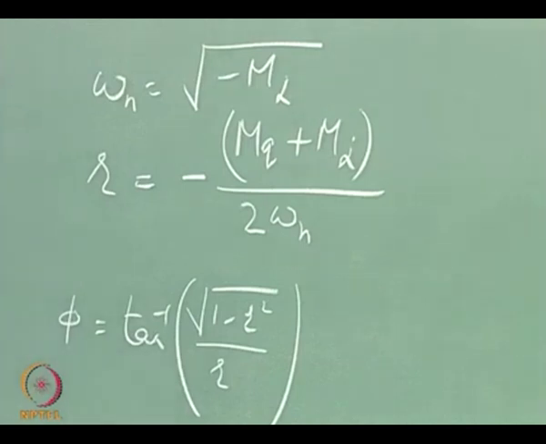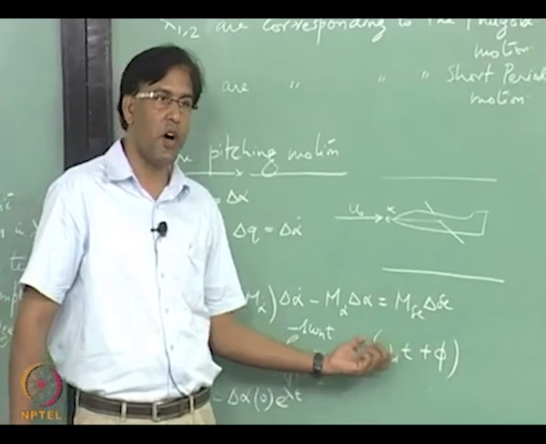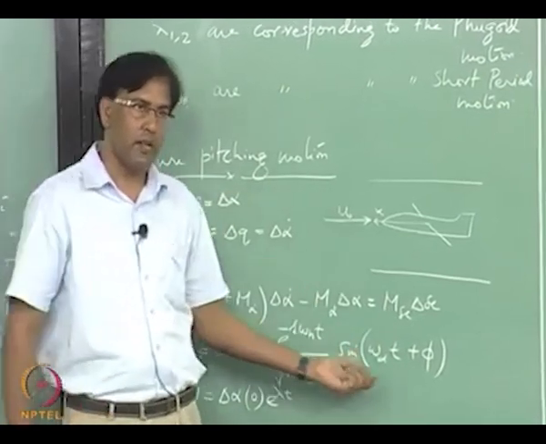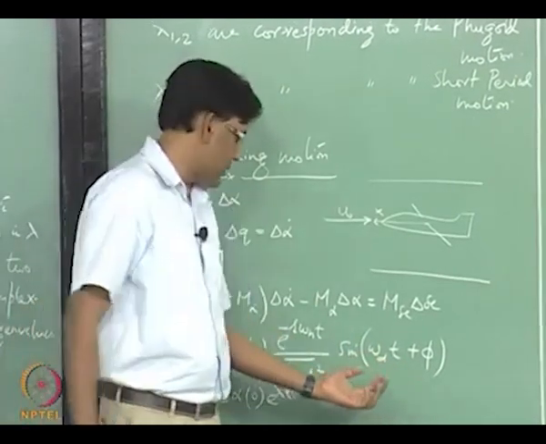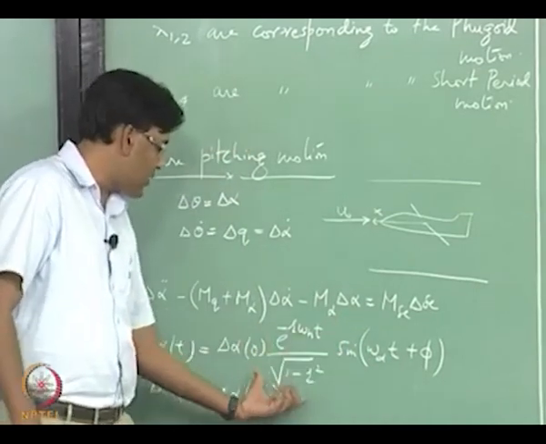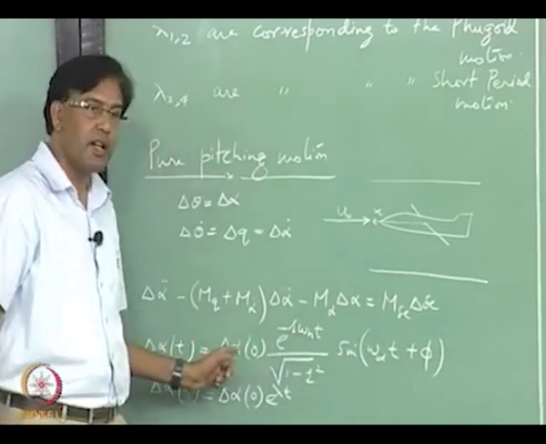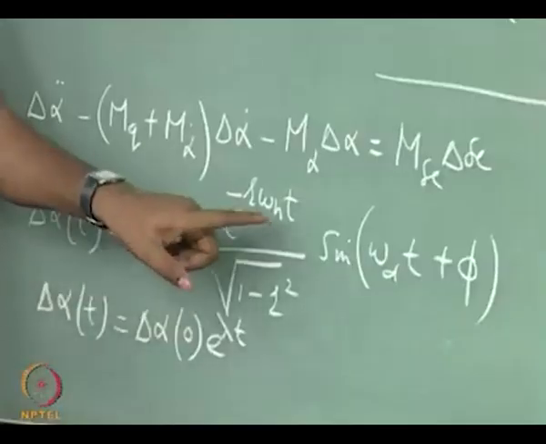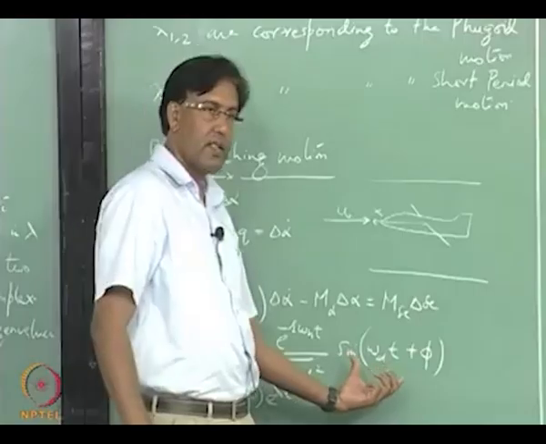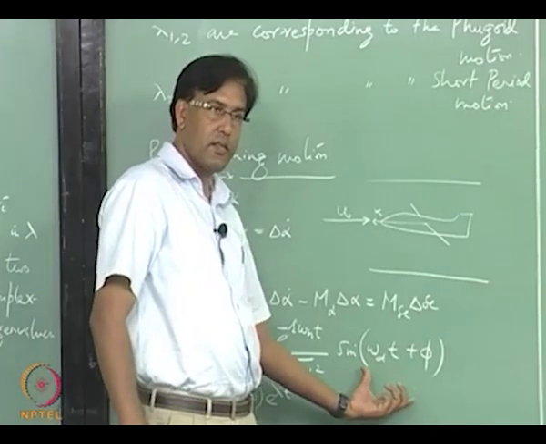How will the response look like? So, clearly the response is consisting of two parts, right. One is the amplitude, which is governed by this part, that is also a function of time, right, and this sinusoidal part.